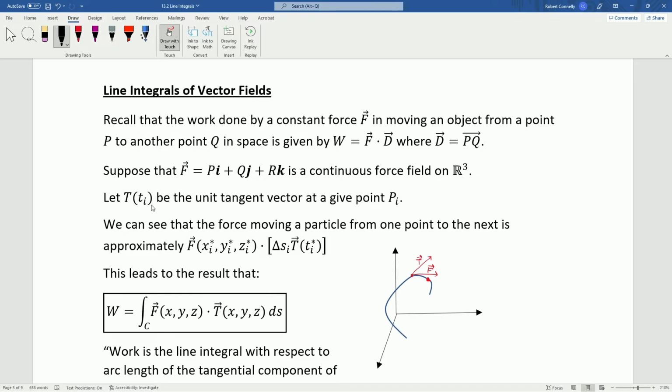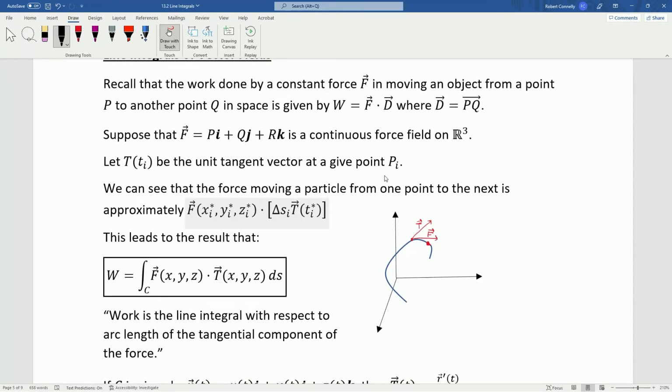Let T of t_i be the unit tangent vector at a given point P sub i. So we can see that the force moving a particle from one point to the next is approximately the force multiplied by the length of the segment times this little tangent vector.